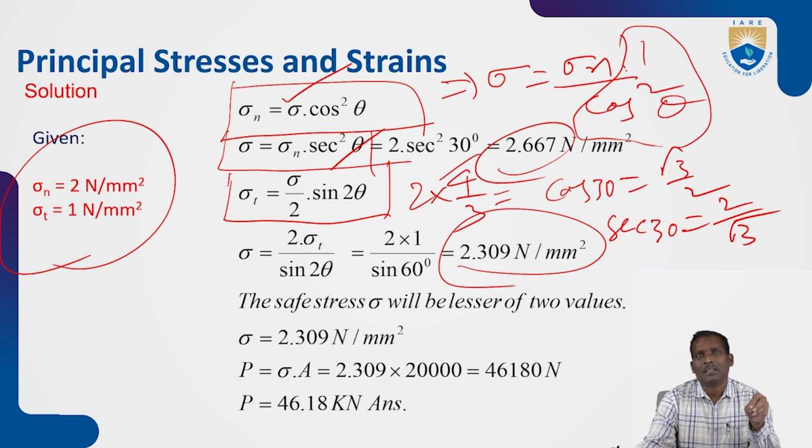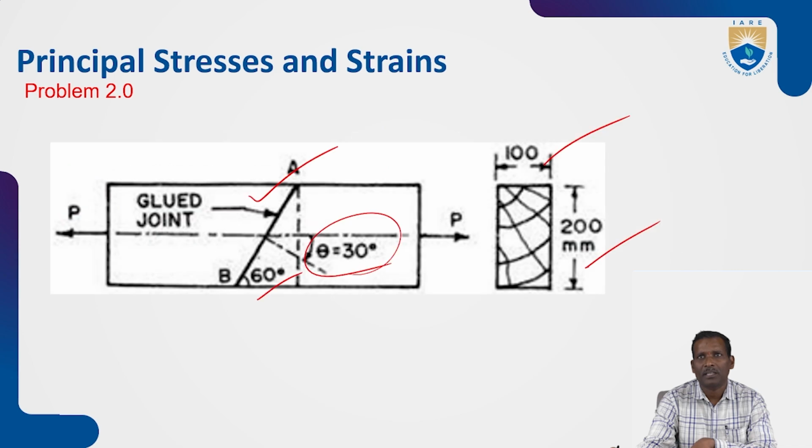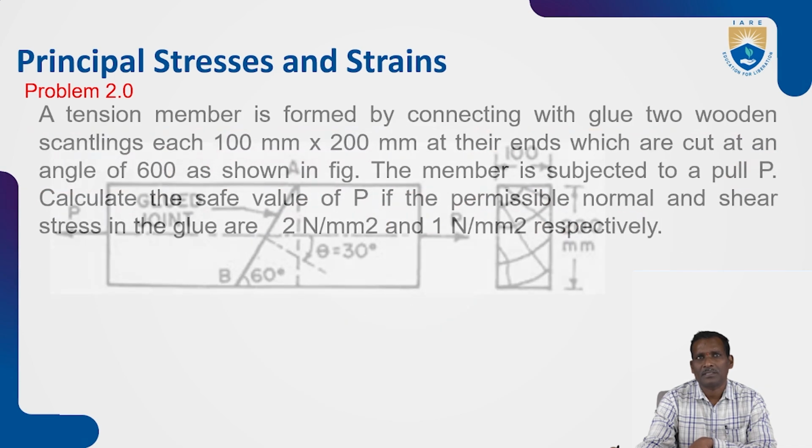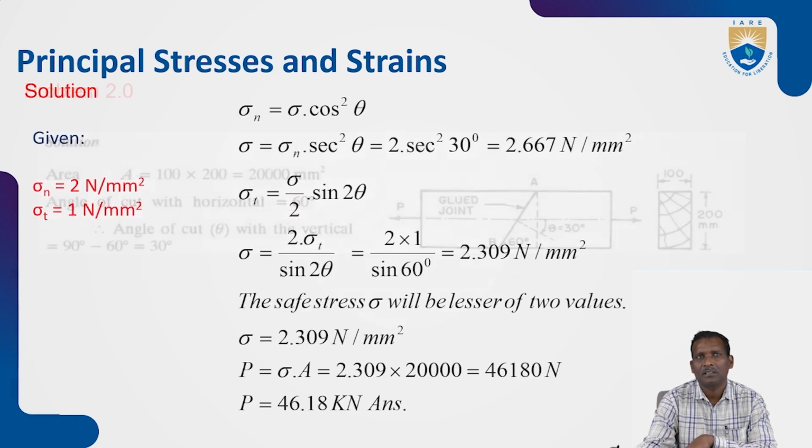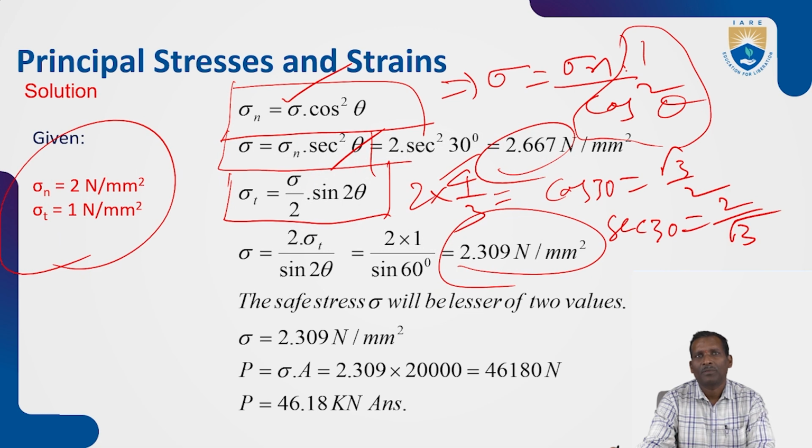So according to the normal tensile stress, we got sigma as 2.667, and according to the shear stress formula, we got sigma equal to 2.309.